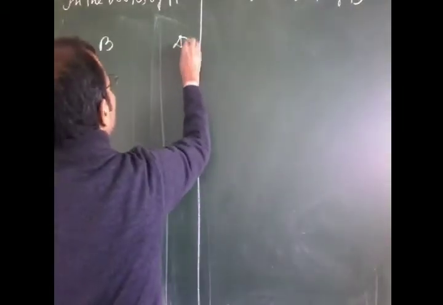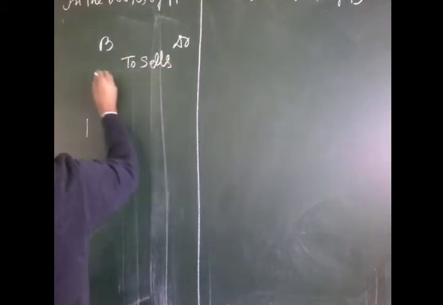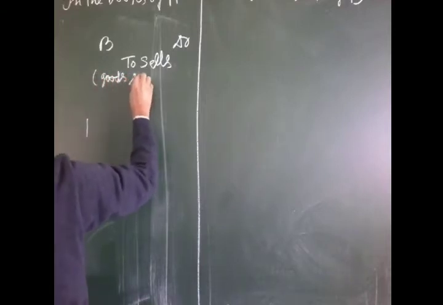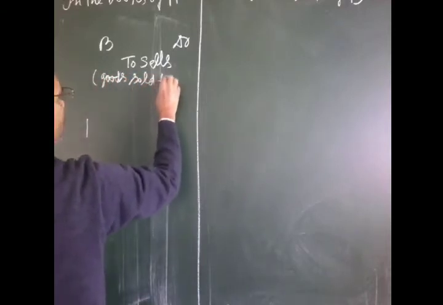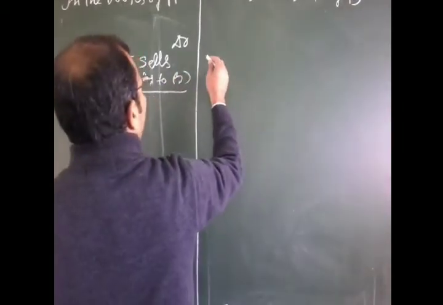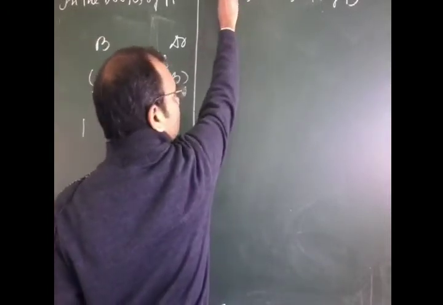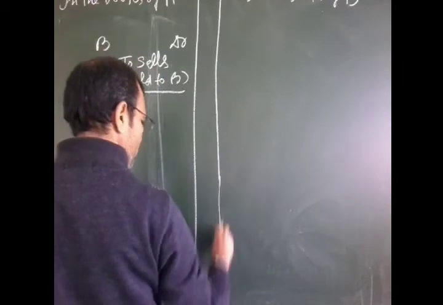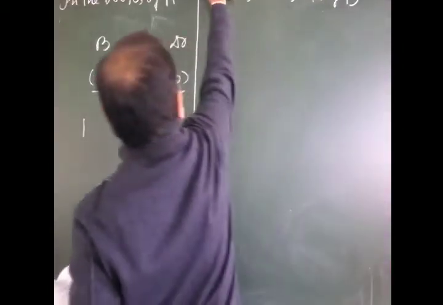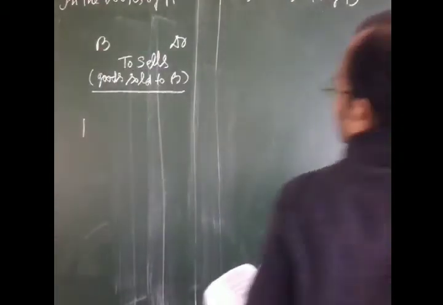B debit to sales. Goods sold to B of rupees 30,000.